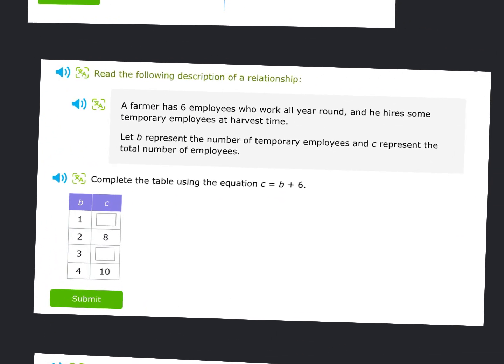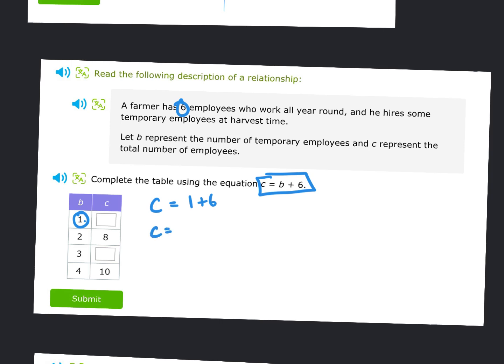Let's do another one of these. So farmer has 6 employees who work all year round, and he hires some temporary employees at harvest time. Let B represent the number of temporary employees, and C represent the total number of employees. All right, so we have B is equal to 1, so I'm going to go C is equal to 1 plus 6, because I'm working within this equation.